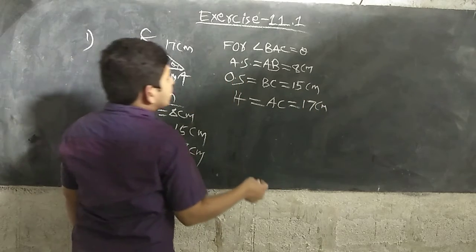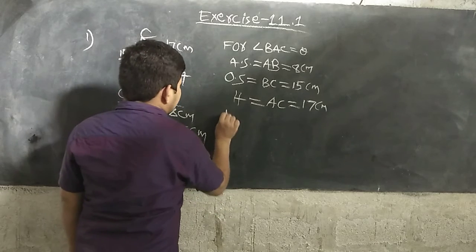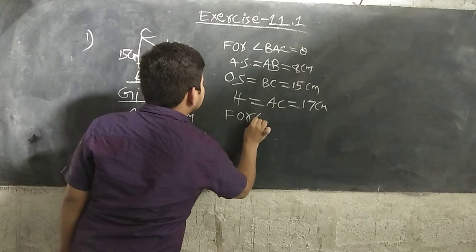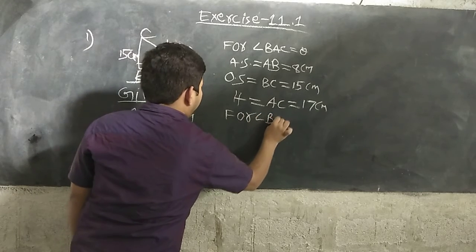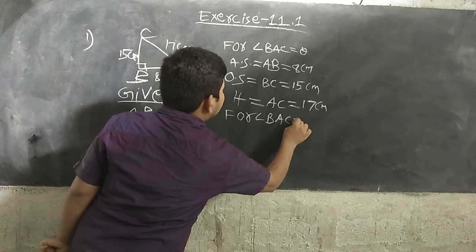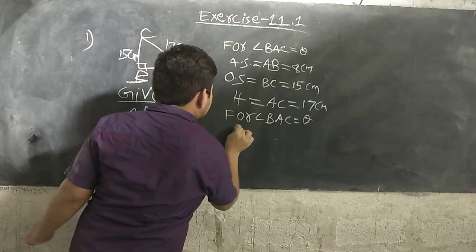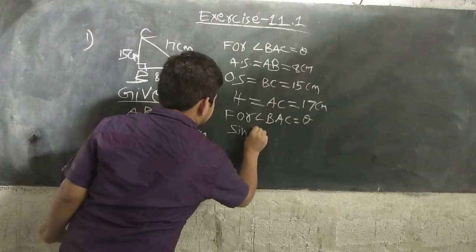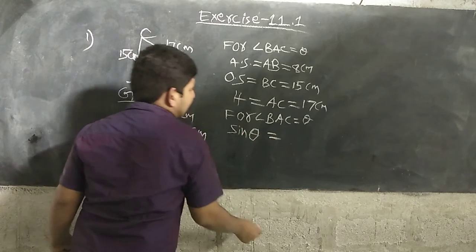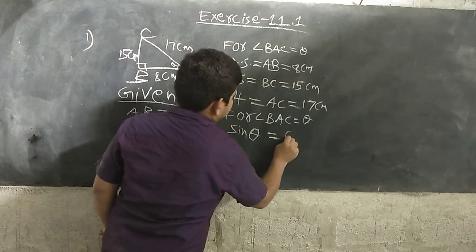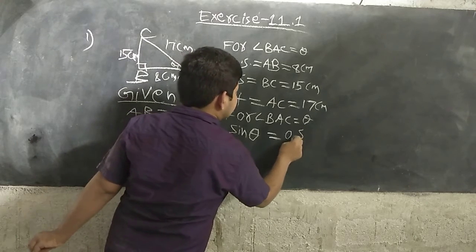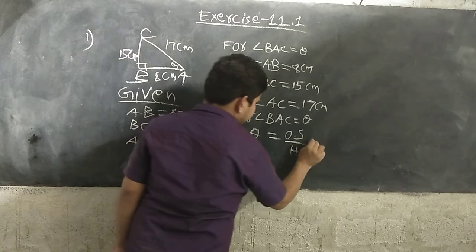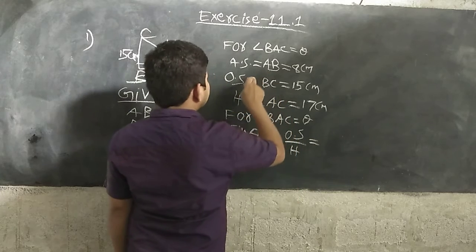So for angle BAC equal to theta, sin theta equal to opposite side by hypotenuse. What is the opposite side?